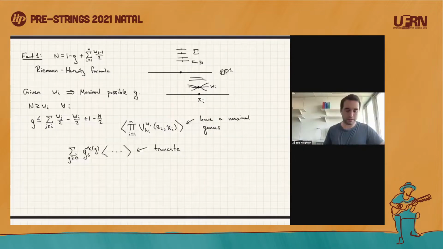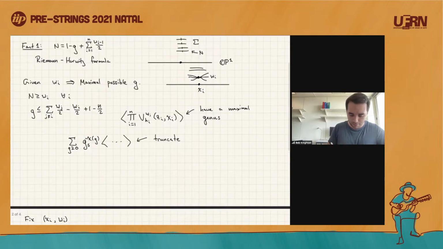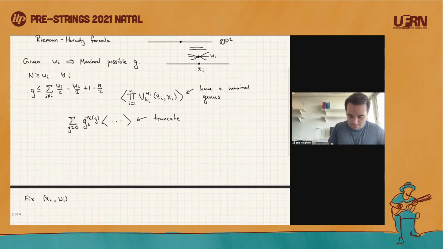Yeah. So this is essentially just the fact that when you're computing correlation functions in the dual CFT, you have some correlation function, that this is a sum over covering maps.